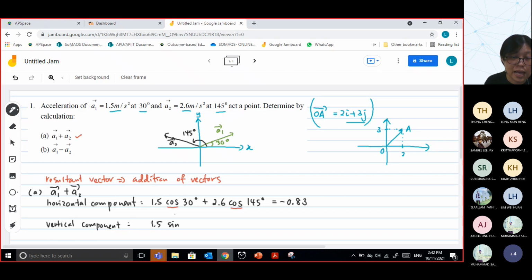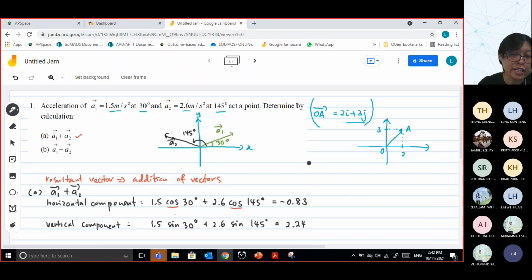So we have 1.5 sine 30 plus 2.6 sine 145. Let's calculate the value. Saad gave 2.24. Yes, correct. So now we have horizontal, we have vertical.